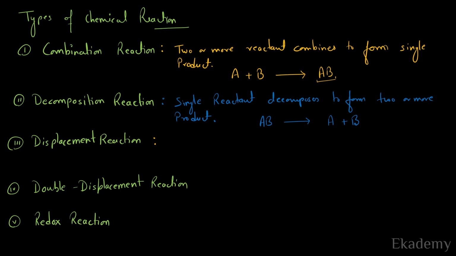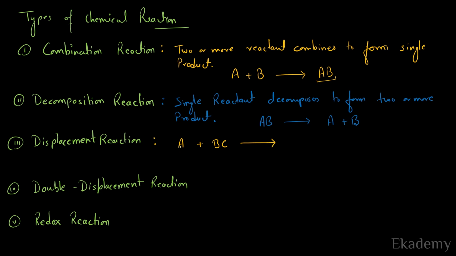What happens in displacement reaction is a more reactive element displaces a less reactive element from its compound. So let us say two reactants are combining or reacting together. Two substances are reacting together. Let us say we have A and other substance is made up of two species or two ions, B and C, a kind of salt.